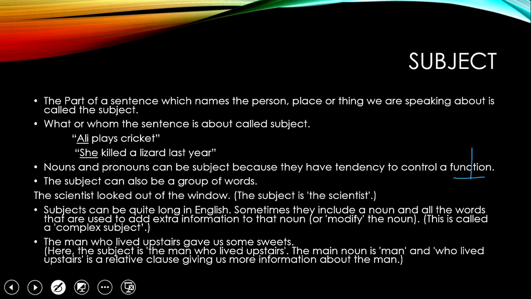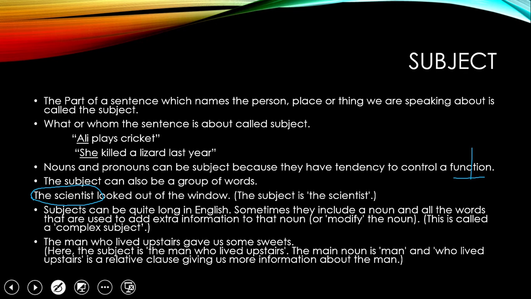So there may be some sentences where there can be complex subject. Complex subject means that there can be a group of words present on the subject position. For example, if I say the scientist looked out of the window, so the scientist would be the subject.